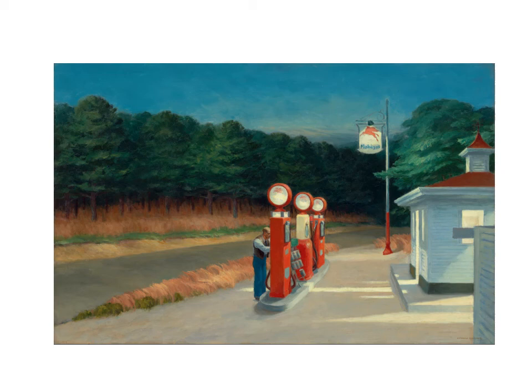He did buck some traditions of American art, namely that in the late 40s, abstraction was emerging as a dominant movement in American art, and Hopper remained fairly traditional in terms of his painting.